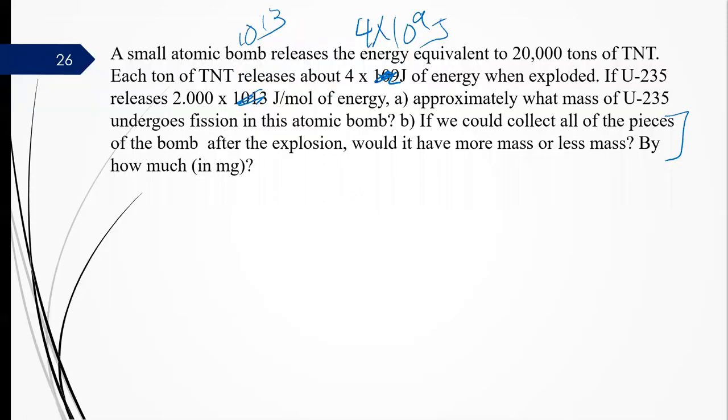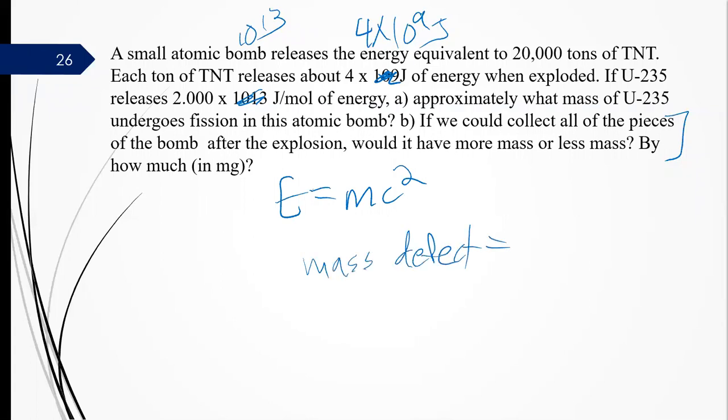And so remember that whenever you deal with these nuclear processes and they're producing a significant amount of energy, at the end of the day, we're probably going to plug into E equals mc squared. At some point, when we want to think about the mass change or the mass defect, we're going to get that from the amount of energy released by plugging it into our E equals mc squared.